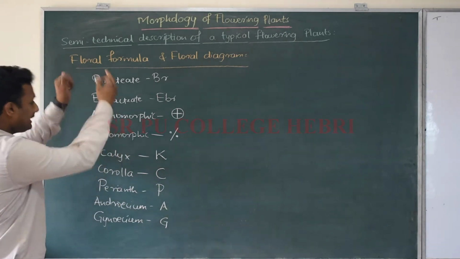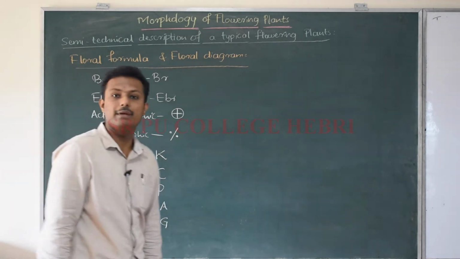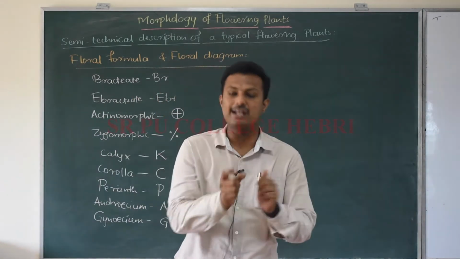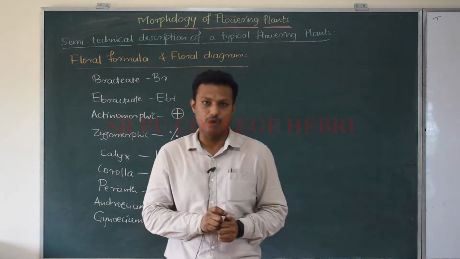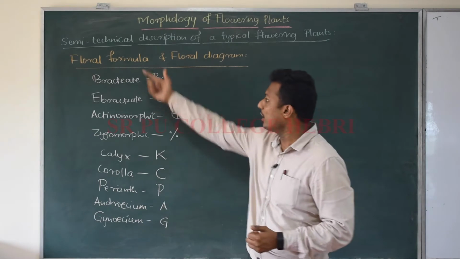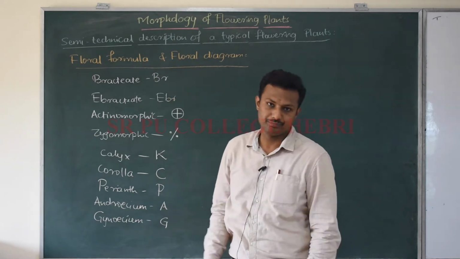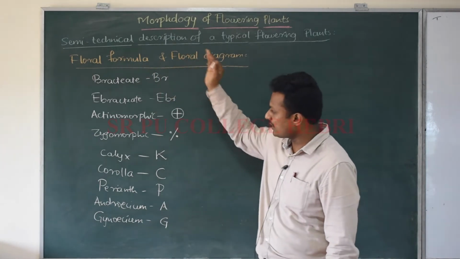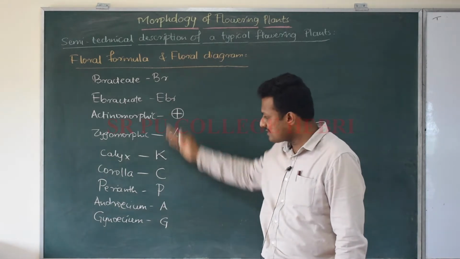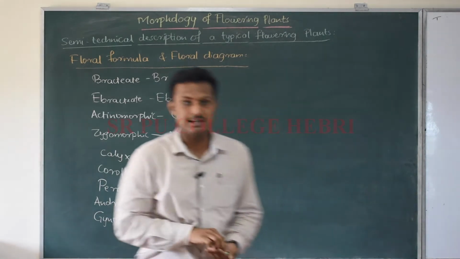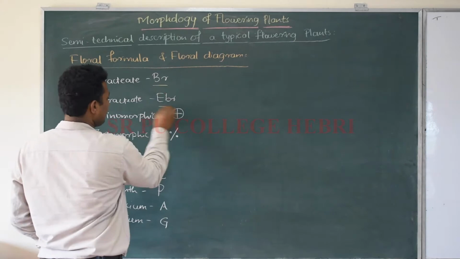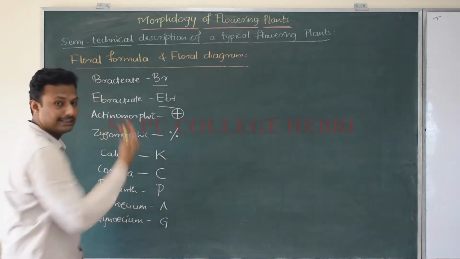So these are the basic symbols that we make use of to write the characteristics of a flower of a species symbolically, or to give a floral formula, right? So it is very important for you to remember these symbols. Okay, these are the important symbols for their corresponding characteristics.